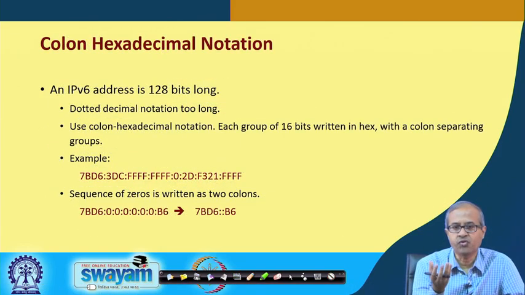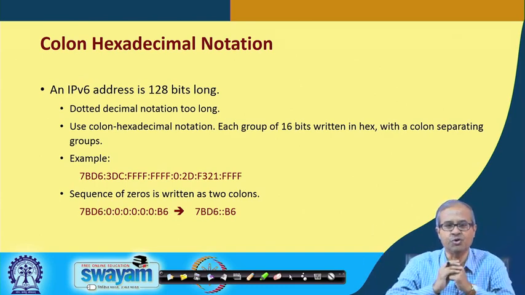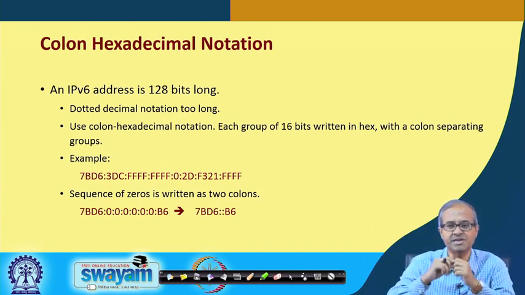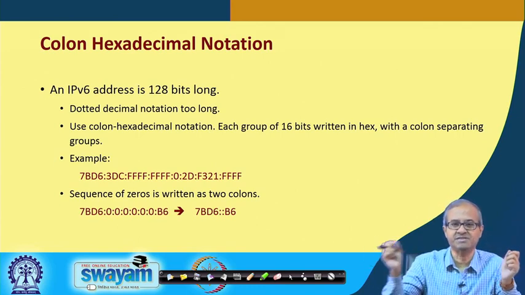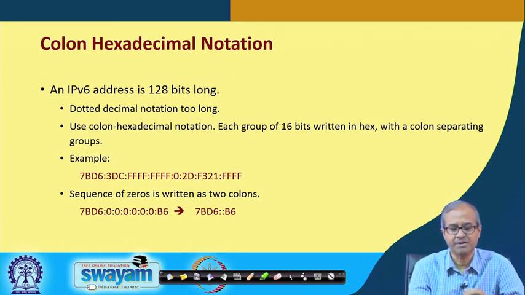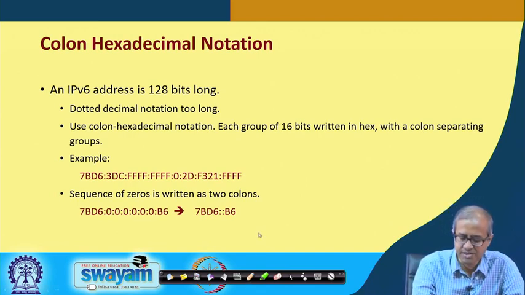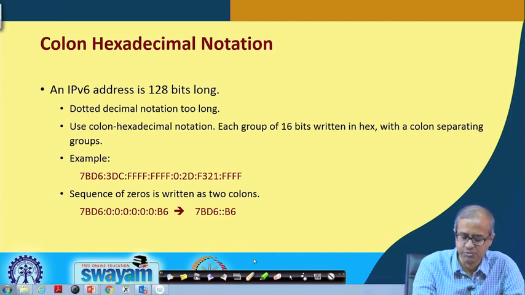And now the way these 128-bit addresses are specified. For IP version 4 you use the dotted decimal notation, you recall, but 128 bits is too long. If you use the dotted decimal notation, after every 8 bits there would be 16 such numbers separated by dots. So, in IP version 6 they have come up with a shortcut notation.